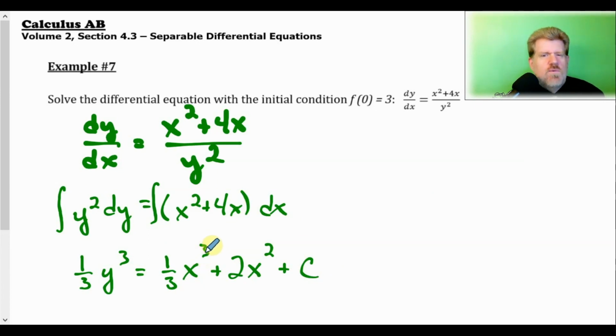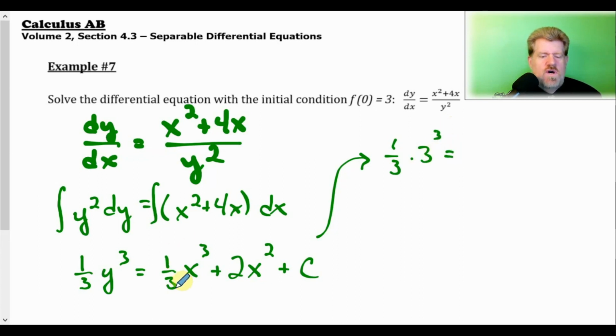So it doesn't matter when I do it. I can put this in right now. I can wait and do it later. What's easier? I'm not sure. I think in this case, it might be easier to find the c right now. Because remember, x is 0 and y is 3. So let's plug it in there. So y is 3, right? So we're going to have 1/3 3 cubed. That's a lot of 3's.